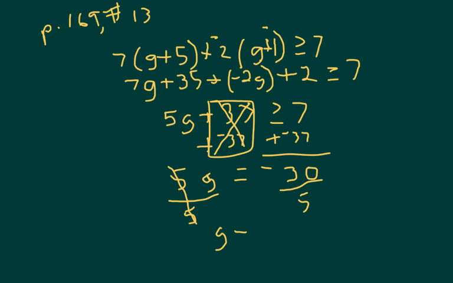I hope you saw that. g is greater than or equal to 30 divided by 5 is 6, and we want to make that negative 6. So g is greater than or equal to negative 6.